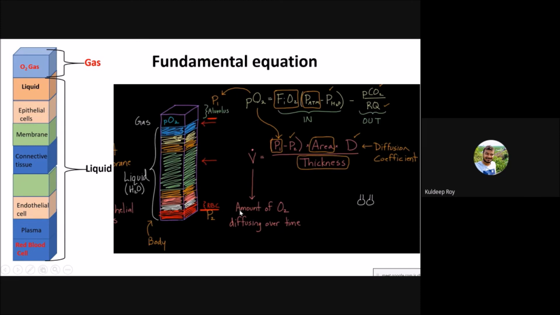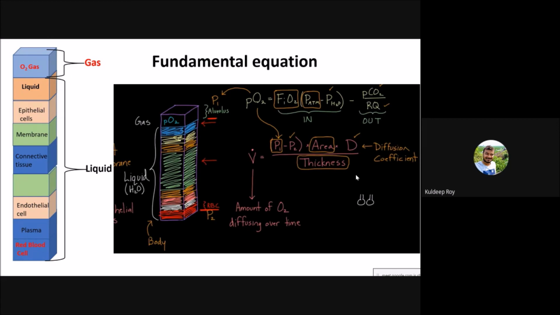Okay, so this is the expression for how you correlate your day-to-day problem into mathematical form. Now you can see diffusion comes into the picture everywhere. We have already discussed that whenever you talk about any kind of gases, you have to use partial pressure or pressure.